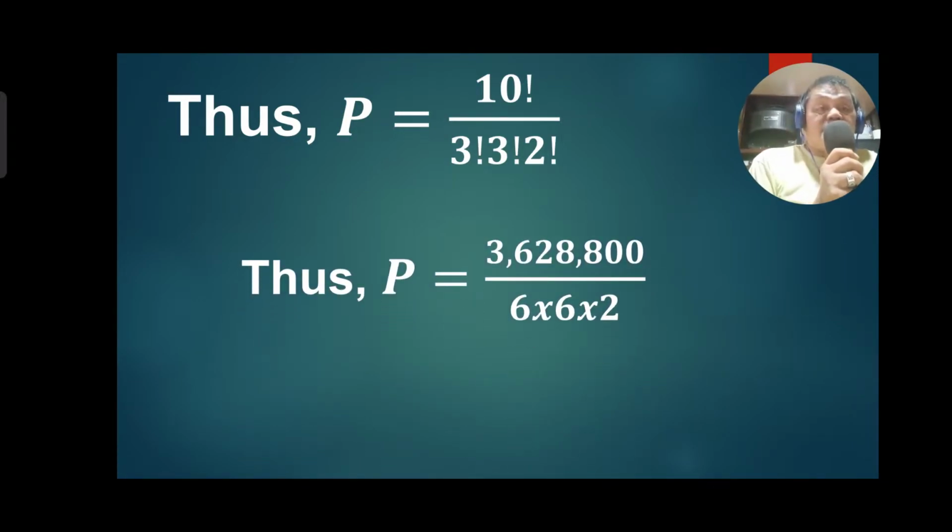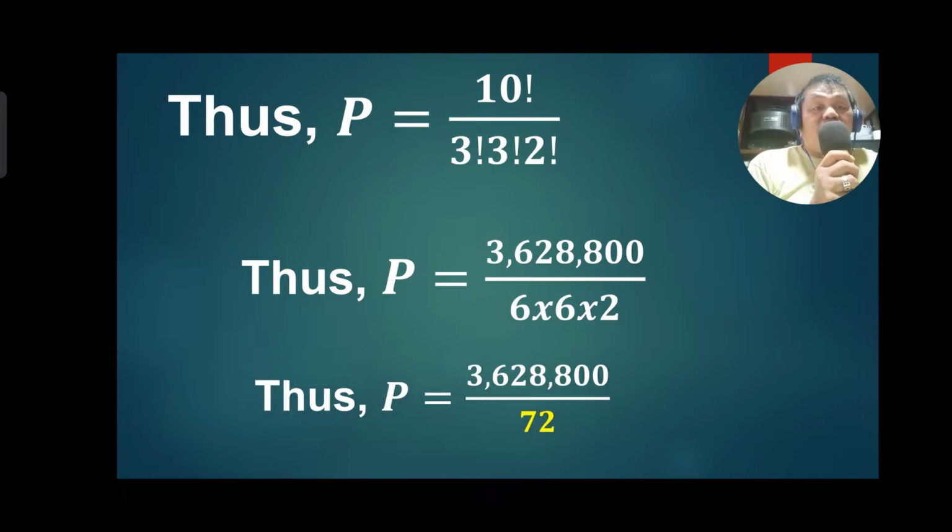10 factorial is equal to 3,628,800. And 3 factorial is 6, another 3 factorial is 6, and 2 factorial is equal to 2. So we have 3,628,800 divided by 6 times 6, which is 36, times 2, which is 72.